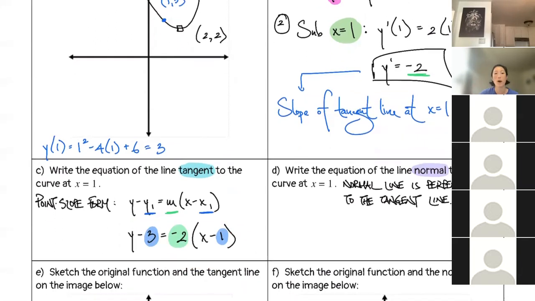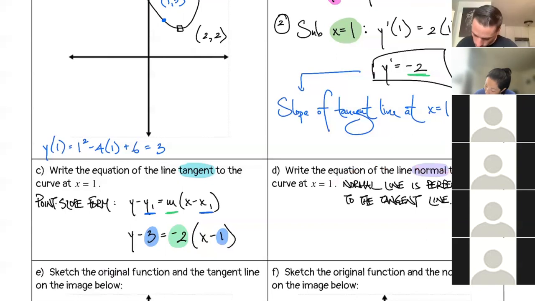The other reason why I want us to use point slope form is because it is so easy to find the normal line equation from the tangent line. The only thing we need to change is that slope, because the normal line goes through the same point. So our x1 and y1 are still going to be the same. It's just that we're changing the slope to be the negative reciprocal of our tangent line.